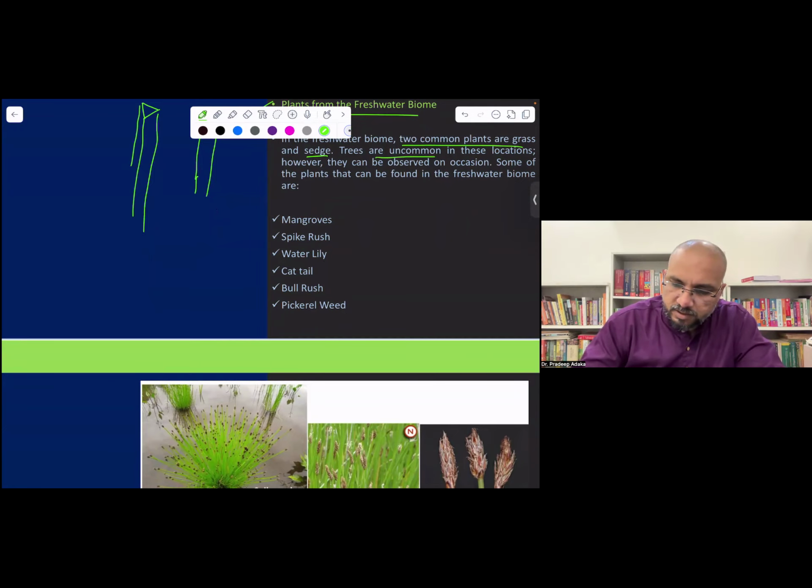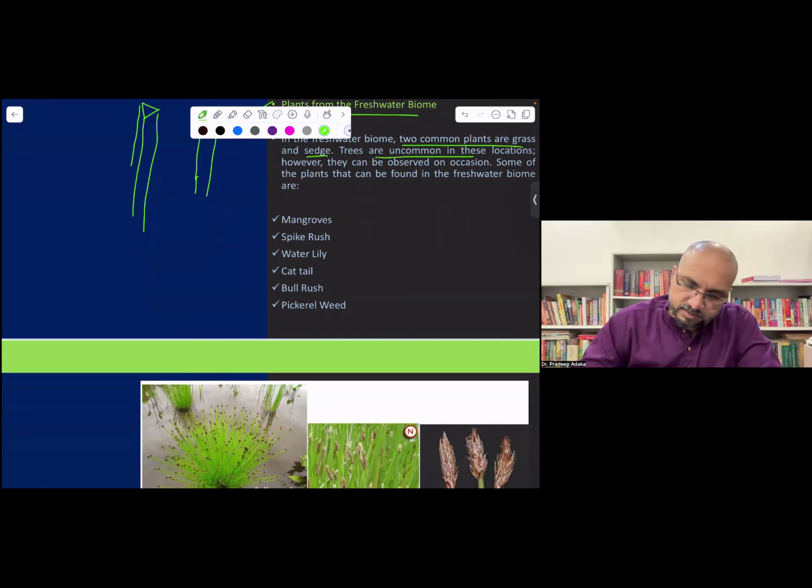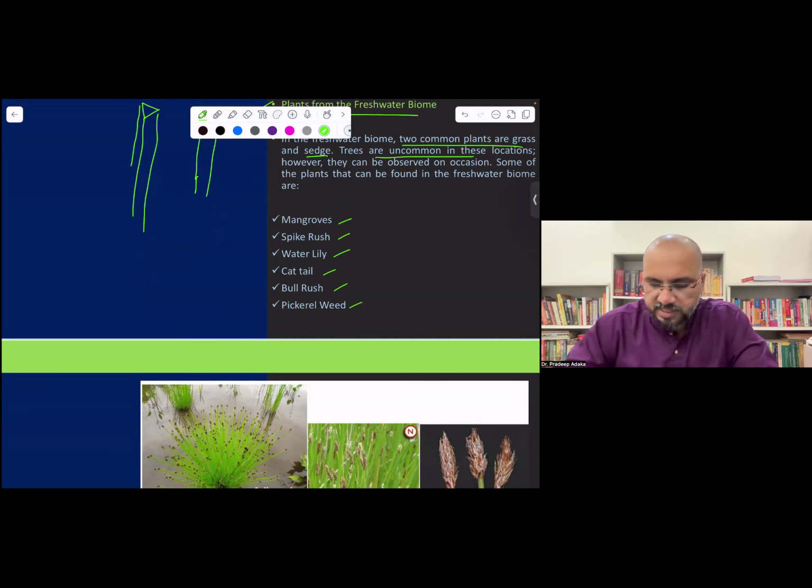So trees are not very common in these locations. However, you can see them, but very few trees are there. Mostly you have your grasses and sedges. Other plants include mangroves, spike rush, water lily, cattail, bulrush, pickerel weed.